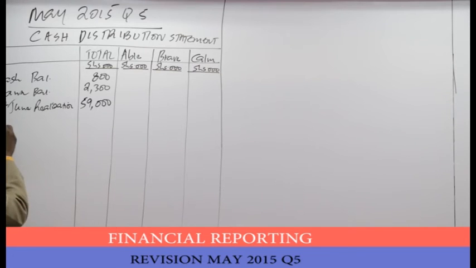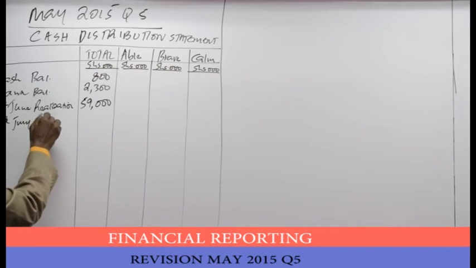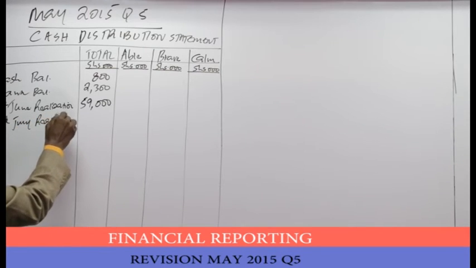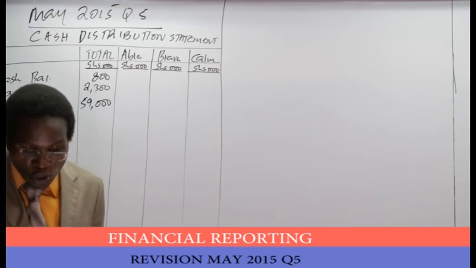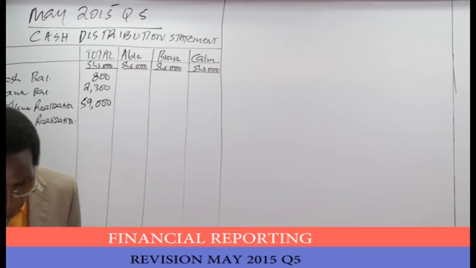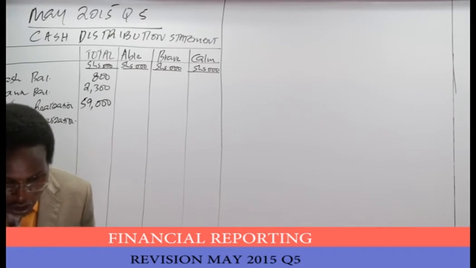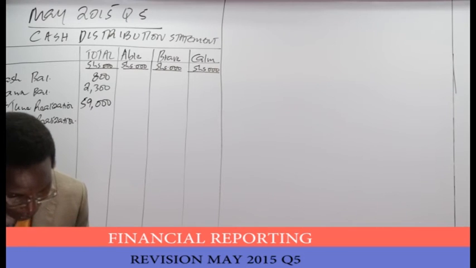That is on 25th. How much did we realize on 25th July? You take the one for plant and machinery. We sold plant and machinery 10,300. We also sold 6,500.